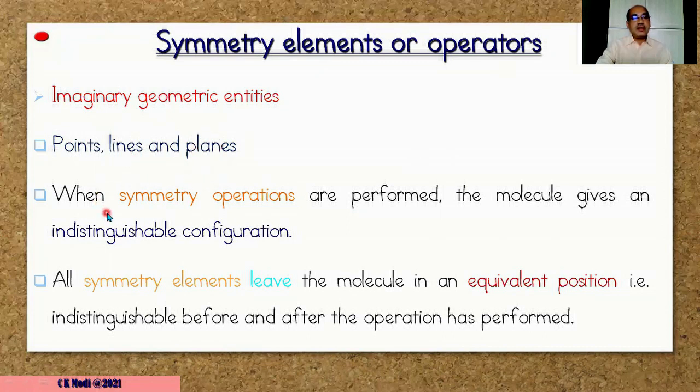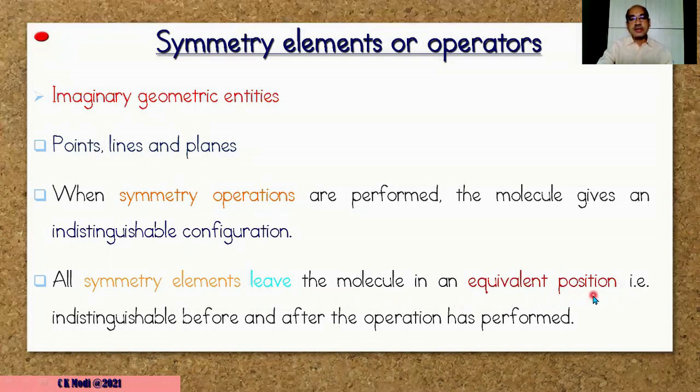When symmetry operations are performed on a molecule, they give indistinguishable configurations. Suppose we perform any operation on the molecule, and after performing it we get an indistinguishable structure. Then we can say that the molecule has symmetry. So all symmetry elements leave the molecule in equivalent positions.